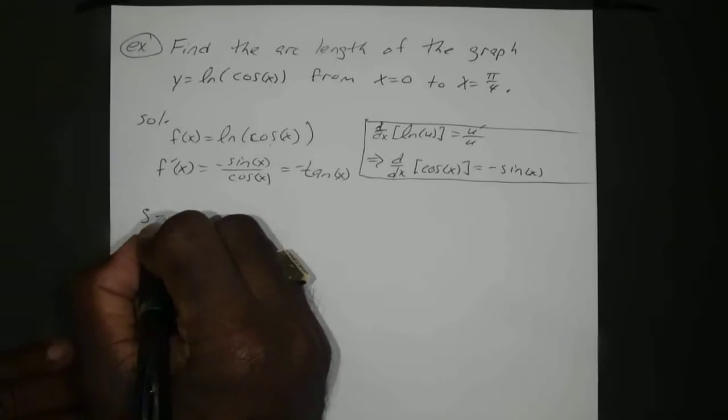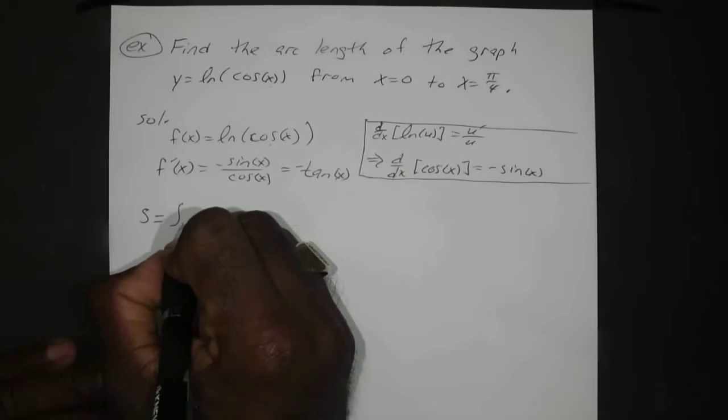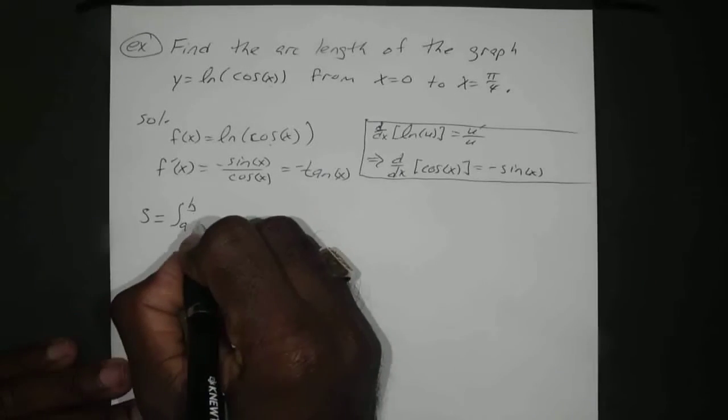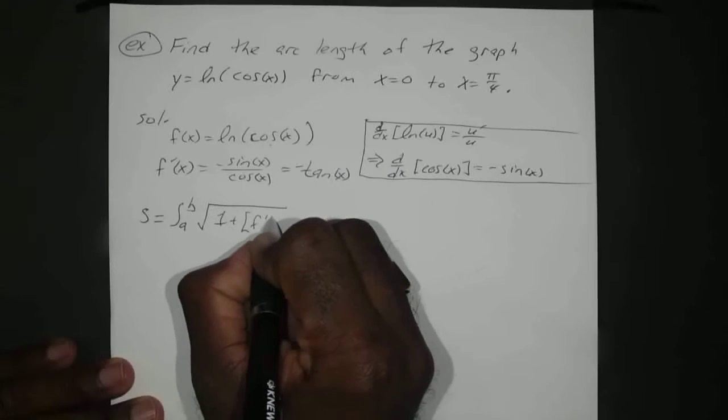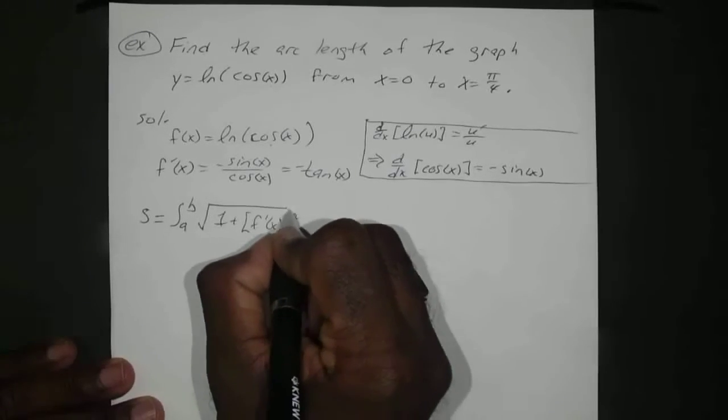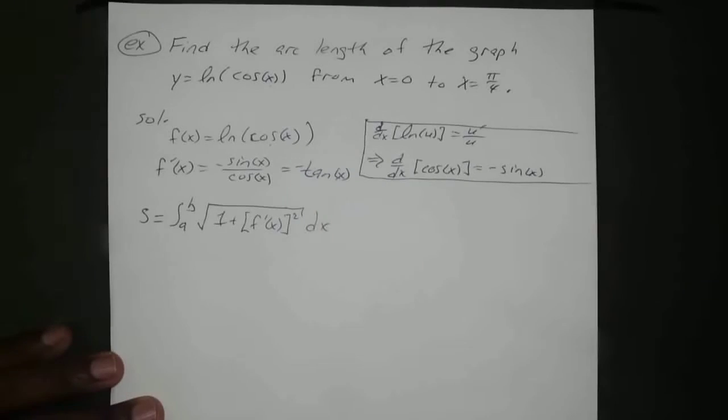Okay, so we know our arc length is equal to the integral from a to b, the square root of 1 plus f prime of x squared dx.